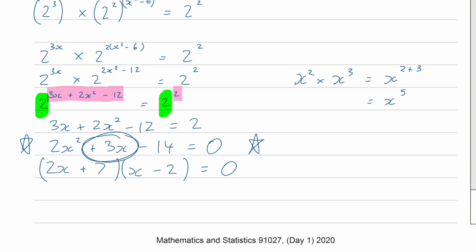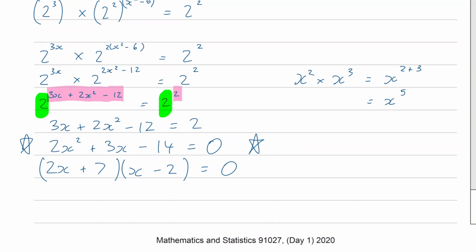So 2x times x is 2x squared, great. 2x times minus 2 is minus 4x, plus 7x gives us plus 3x. So that works. So we factorized it correctly. But on this step, this is the step that might take a while, so just take your time and list out all the factors. Okay, we factorized it. Now we can solve.